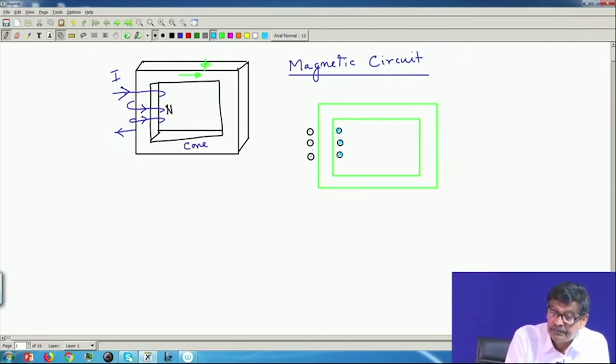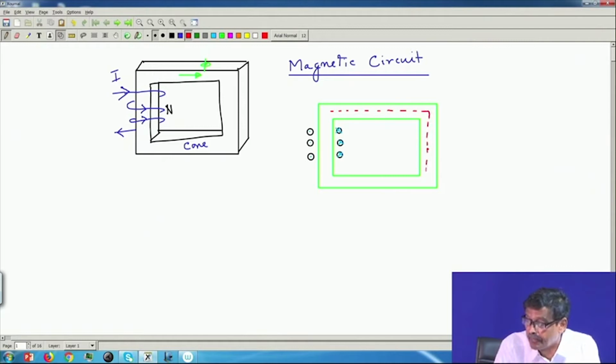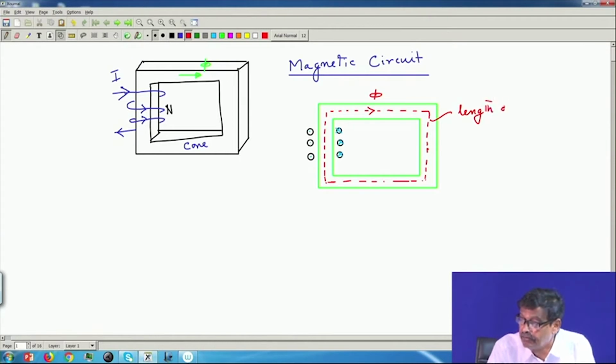Then for the flux inside the core, what we do is take a mean path of the flux, which I am showing by dotted lines. This is the flux, and this red one is the length of the mean path of the flux.